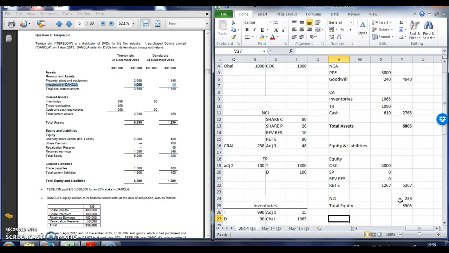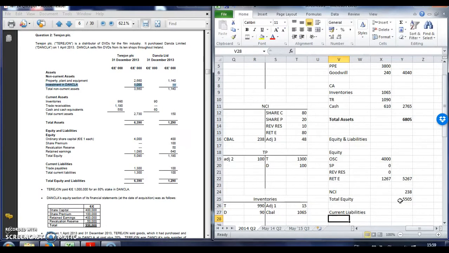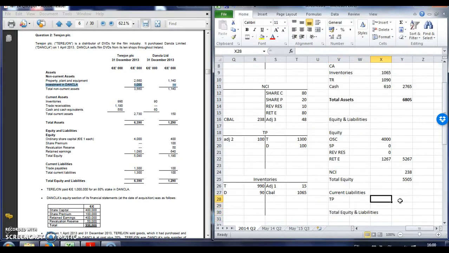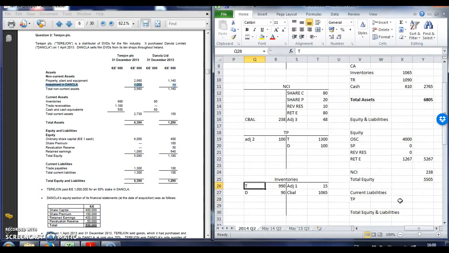and then you have current liabilities, which is only your trade payables, and that will give you total equity and liabilities. So you have no long-term liabilities. Trade payables, well, we can work over here. We have the T-account already done, and it is 400 plus the 1300 minus the 100. So you notice that the only trade payable that Donkla has is an intercompany that we've already adjusted for.